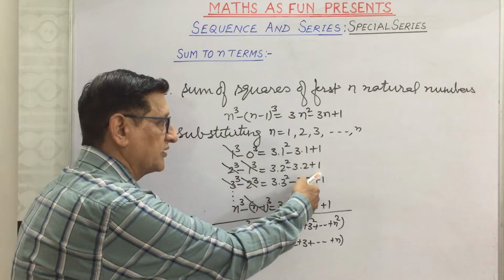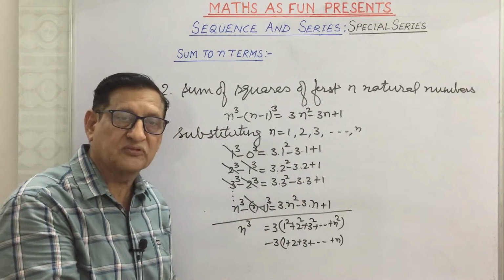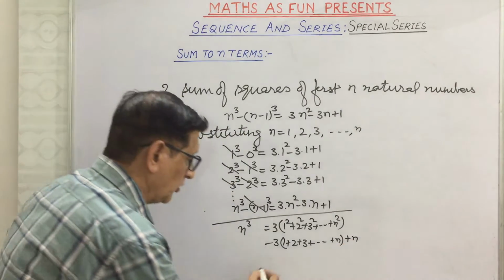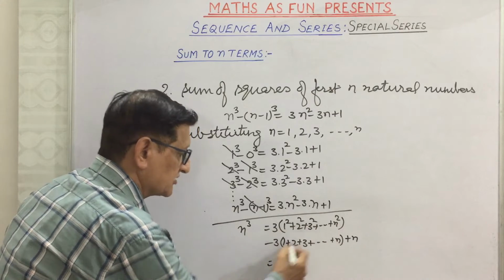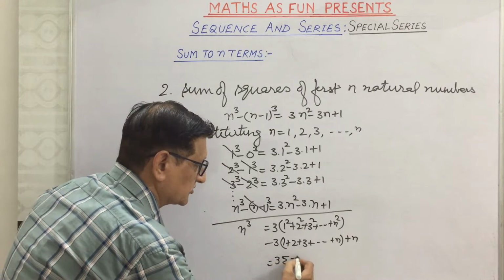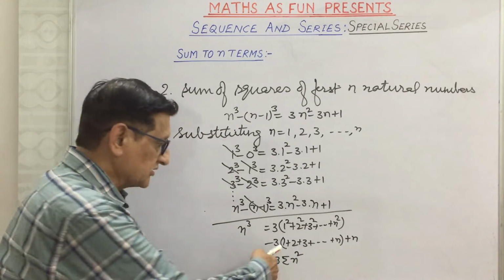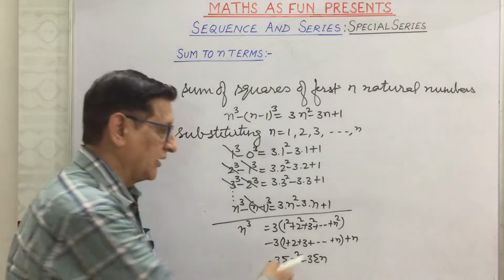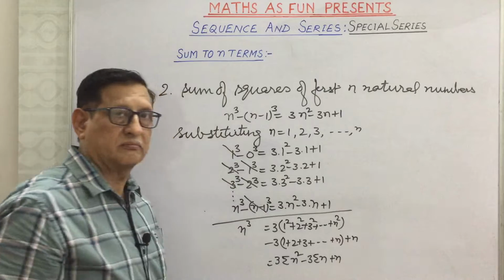And here it is 1 plus 1 plus 1, n times, when we add it becomes n. Now we know this is sigma n square, so we write 3 into sigma n square. This is sigma n, so minus 3 into sigma n plus n.